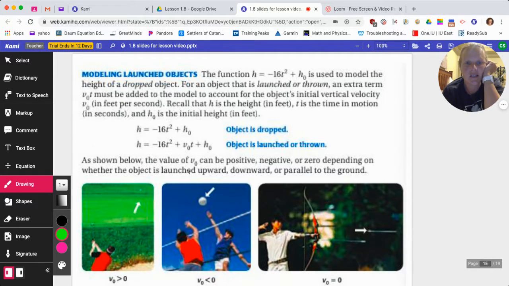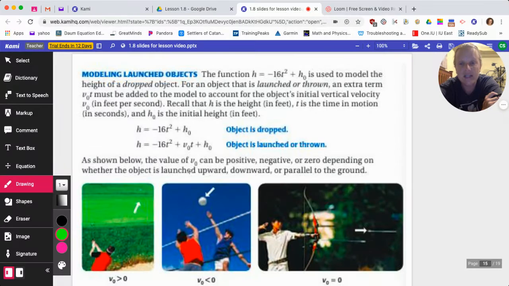For an object that is launched or thrown, an extra term v sub 0 t must be added to the model to account for the object's initial vertical velocity v sub 0 in feet per second. Recall that h is the height in feet and t is the time in motion in seconds, and h sub 0 is the initial height in feet.